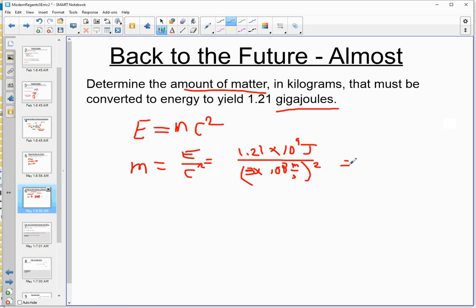Can't forget to do that squaring. When you do that, you will get 1.34 times 10 to the negative 8 kilograms. Not very much mass, but we're used to getting a lot of energy for very little mass at E equals mc squared.